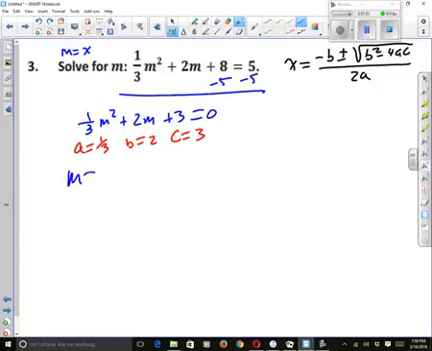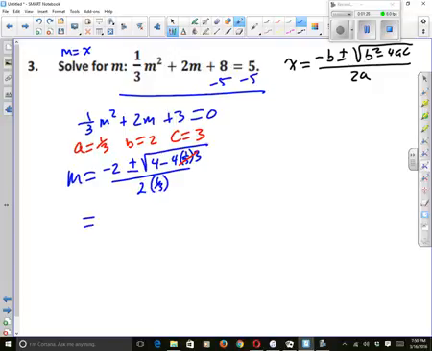M instead of x is equal to the opposite of b, -2, plus or minus the square root of b squared, which is 4, minus 4 times 1/3 times 3. Now that's kind of nice because 1/3 times 3, we know that's just going to go all over 2a, 2 times 1/3.